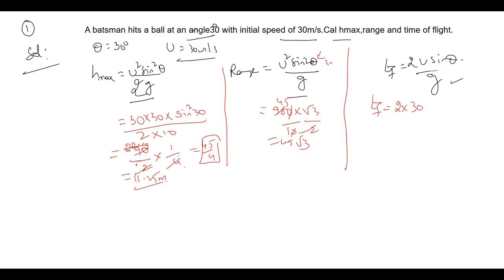Sin 60 is root 3 by 2. Here u square, 30 into 30, 900. Here g is 10. So 10 you remove, 45 times root 3 is the answer here. In this case, 2 into 30 into sin 30, which is 1 by 2, by 10. 2 cancels, 0 cancels, it is 3 seconds.